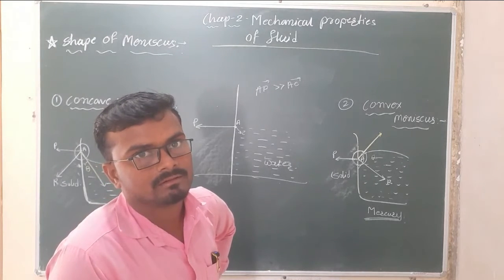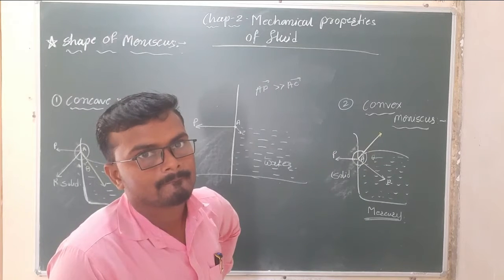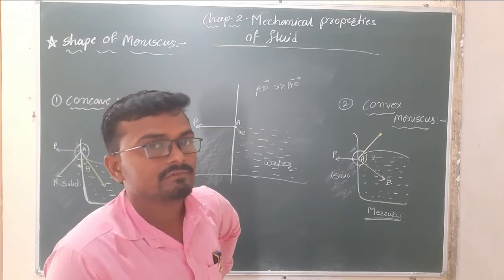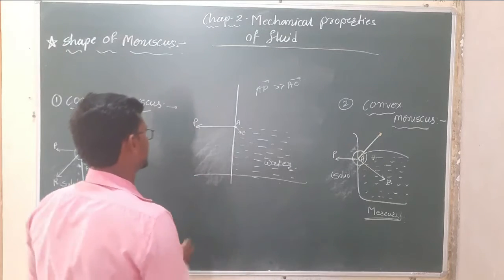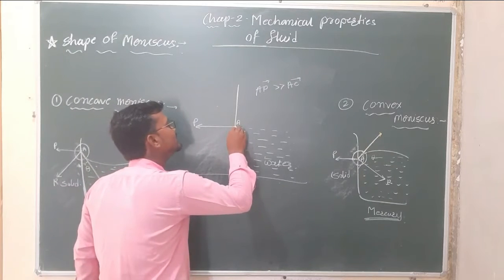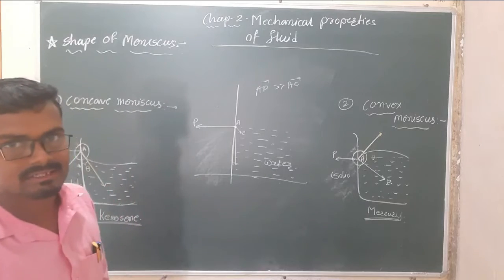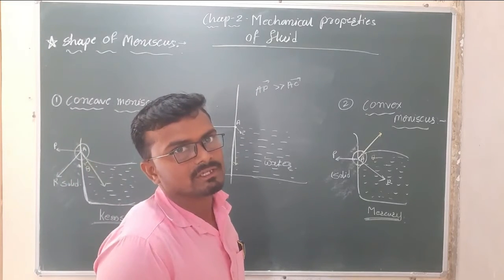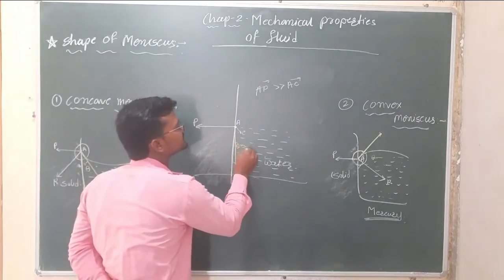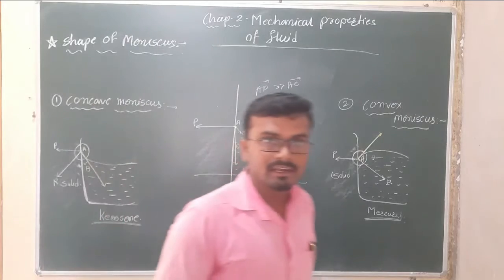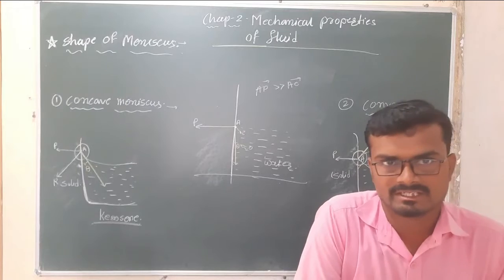Because of that, if we draw a tangent, or if we draw a perpendicular to this AP bar, then that tangent is along the solid surface. In this case, the angle of contact theta is nearly equal to 0 degrees, and the liquid surface gets a plane shape.